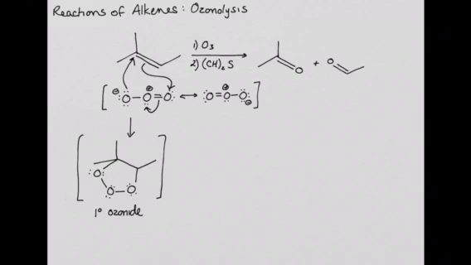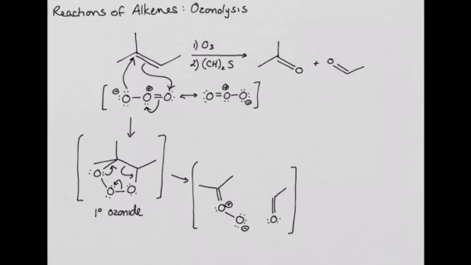It rapidly rearranges to cleave the carbon-carbon sigma bond still remaining. The rearrangement of the primary ozonide goes through another very unstable intermediate before becoming the ozonide, which is considerably more stable.